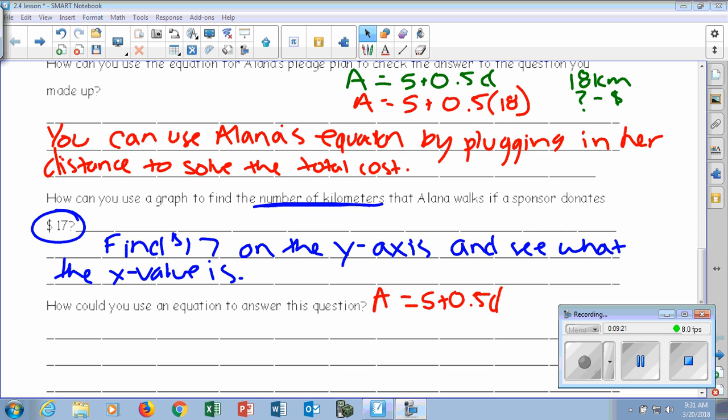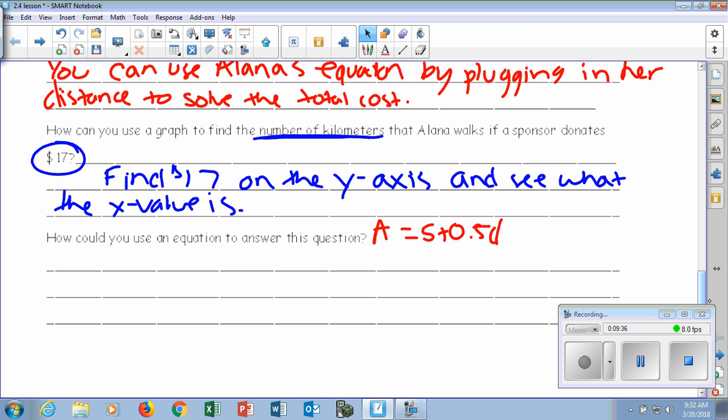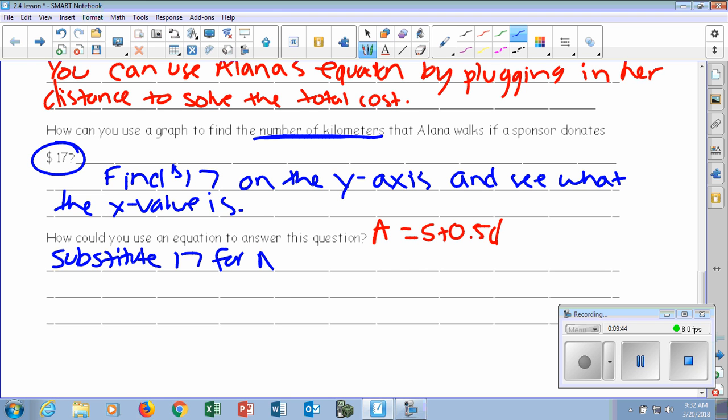All right, we should be coming back together now. Ava Dummers, what did you and your shoulder partner say about how you could use the equation to answer this question? Perfect.